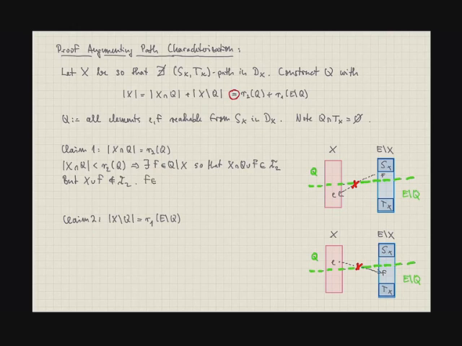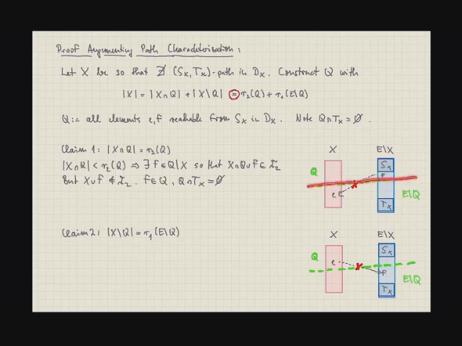F is chosen from Q, and Q has no intersection with Tx by construction of Q. So if you look in the figure, F is indeed chosen as being an element of Q, so on the upper part, and the set Tx is in the complement of Q. So this element F could actually also be part of Sx, that wouldn't matter, but the most important thing is it lies in Q and hence has an empty intersection with Tx.